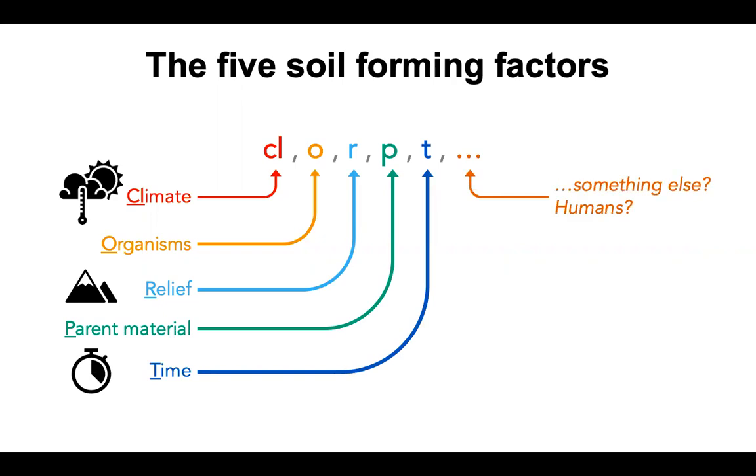Now remember, we also have this ... there, which is other things that we leave as other potential factors to be incorporated. Things like humans, for example, and how we treat soils might also be a soil forming factor.